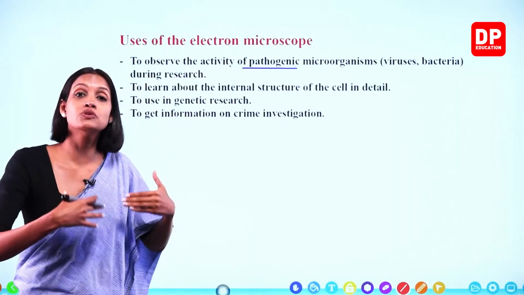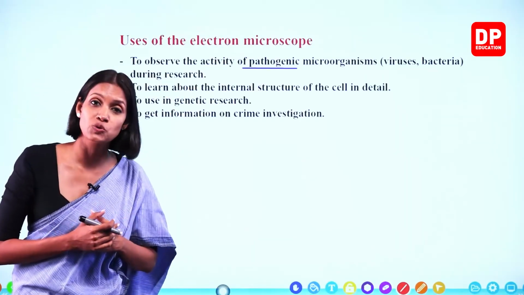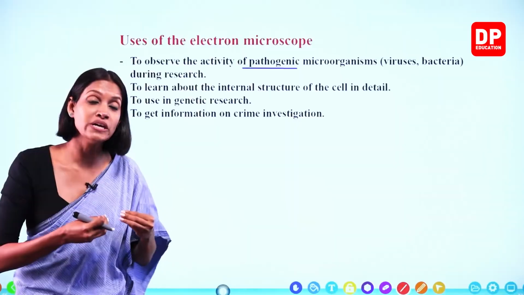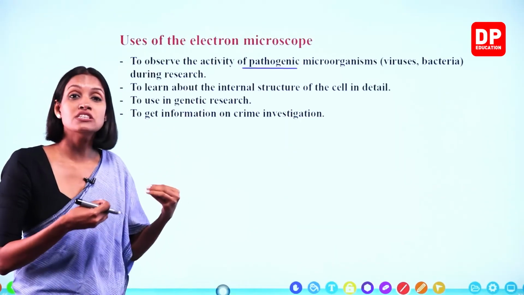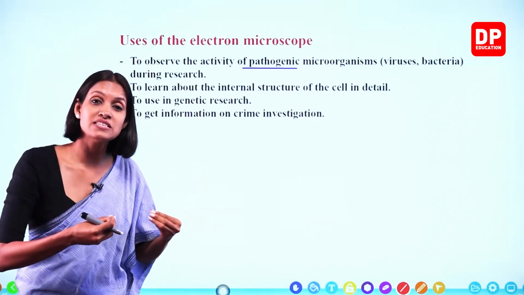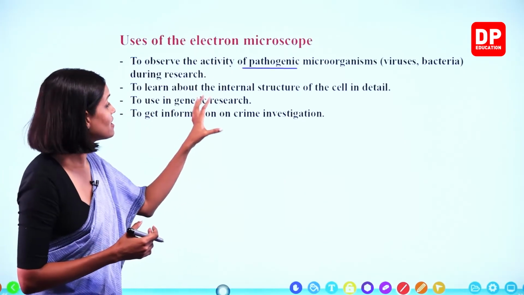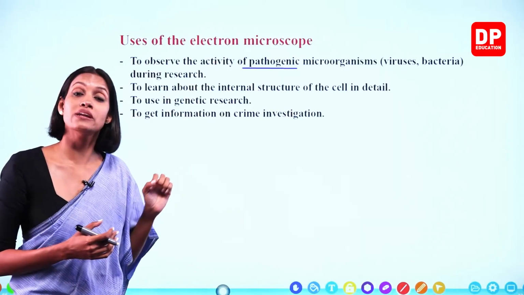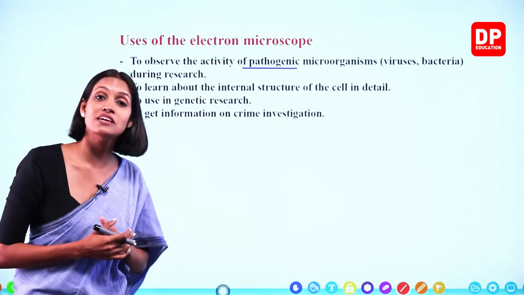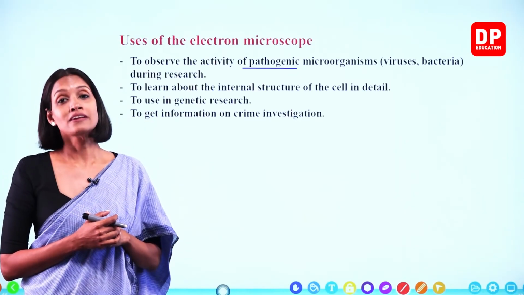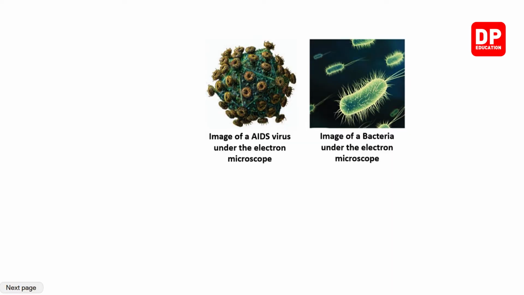Whatever body fluid or other pieces, let's say metal pieces, or anything left by the criminals can be analyzed using the electron microscope, and it's very important in crime investigation because of that. Right, children?